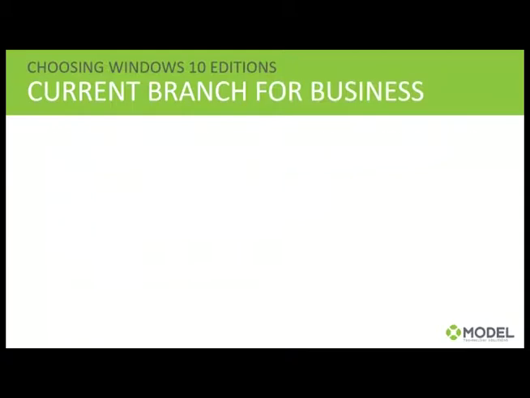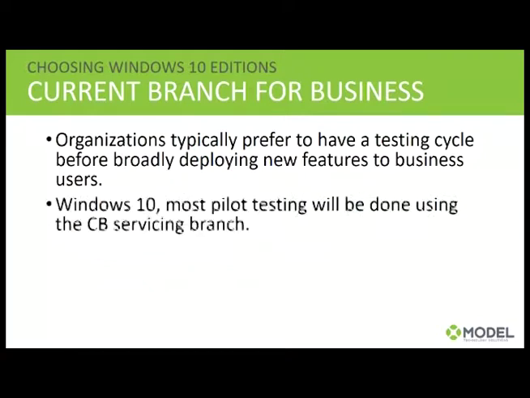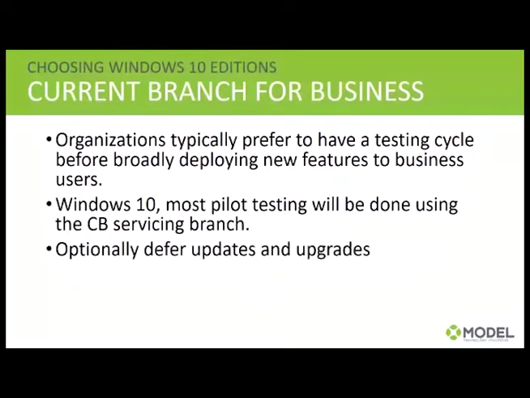As we go on, Current Branch for Business: if you want to have a testing cycle before new features are sent to business users, which I cannot recommend enough, you'll want to mark the flag that defers the updates, which basically puts it in Current Branch for Business. In Windows 10, most of the piloting users will be done with the current branch model because there is no functional difference between the operating system other than the flag of when they get the updates and upgrades, and you defer the updates.